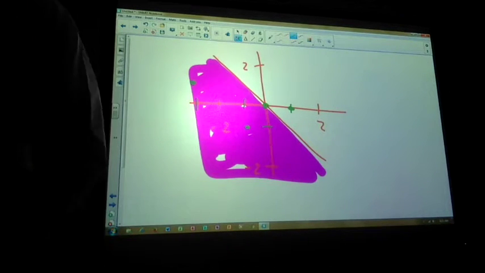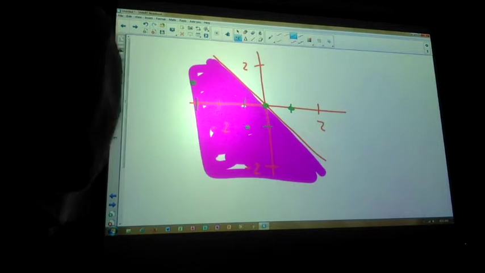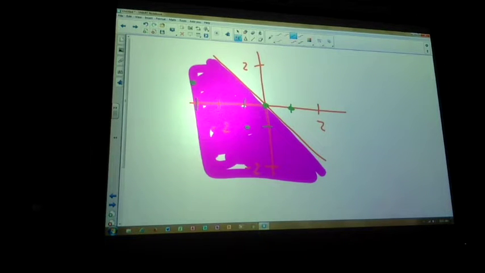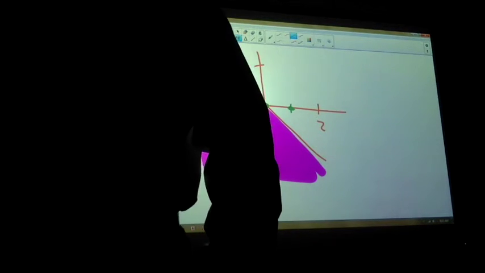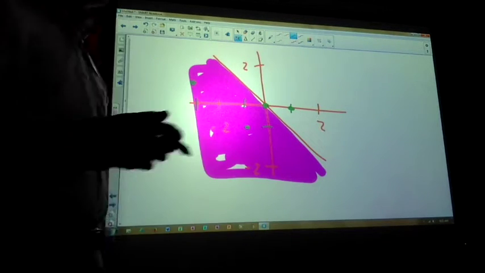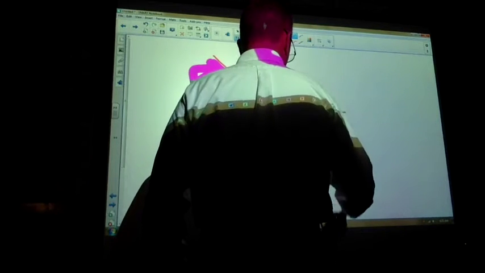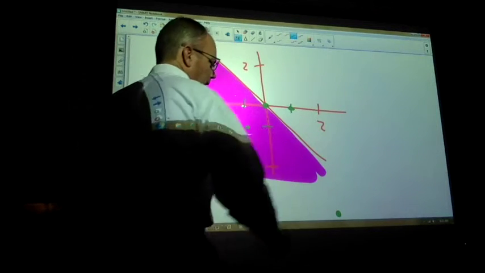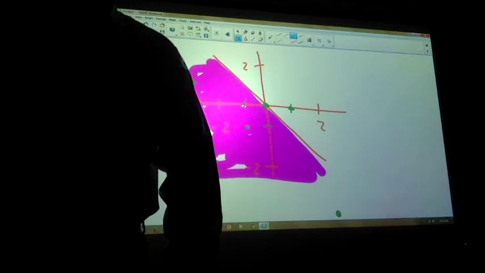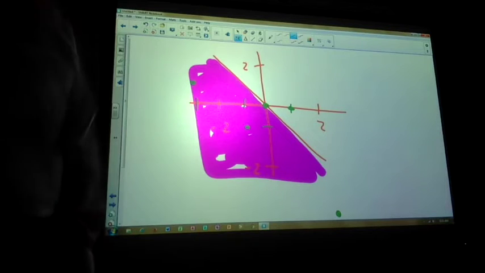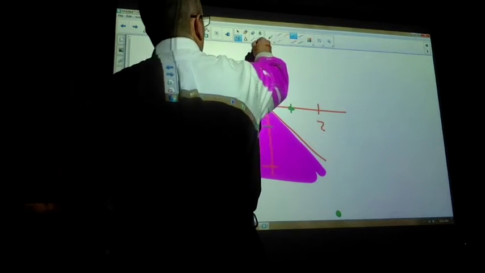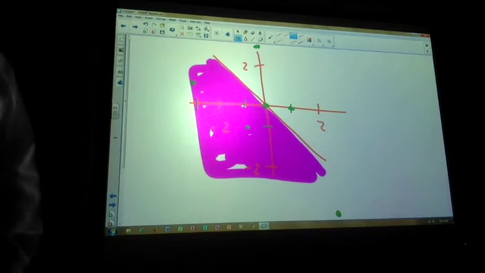If you shaded the opposite side, it doesn't work. 2, -4. It's going to be down here. That would work on my shaded. If you shaded the other side, it wouldn't work on yours. And 0, 3. That's way up here. So it doesn't work on mine. If you shaded the other side, it would work on yours.